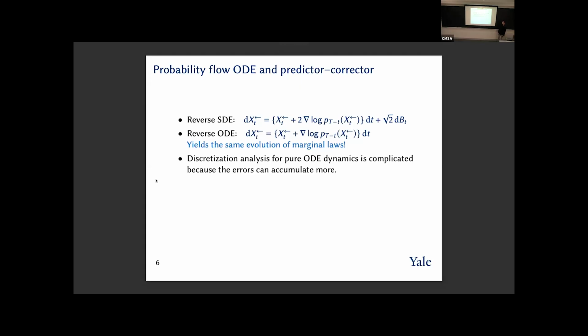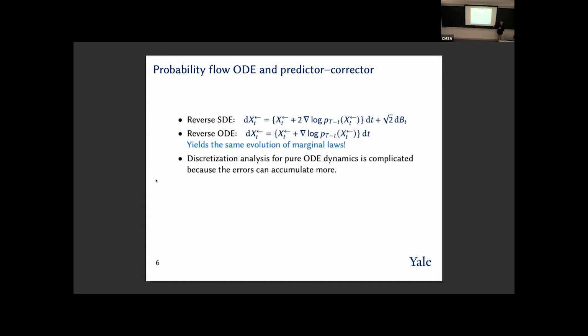Unfortunately, the discretization analysis for pure ODE dynamics is much more complicated than for SDE dynamics. Because there's a worry that the errors can accumulate more, and I think this is actually still kind of a problem in the literature. I won't be able to say too much about this, but maybe in one sentence, when you think about the error that you accumulate for these deterministic dynamics, what you would think of is let's try to couple two trajectories, but this ODE system is not actually contractive.